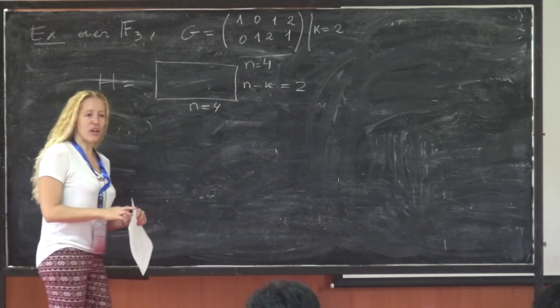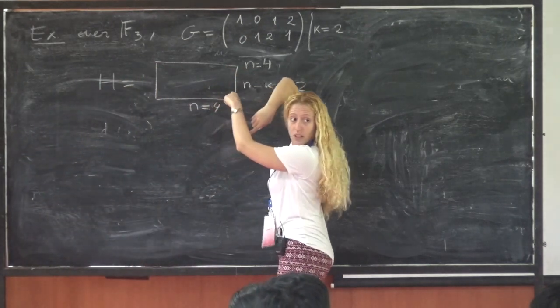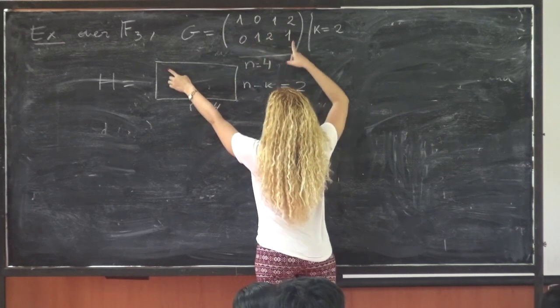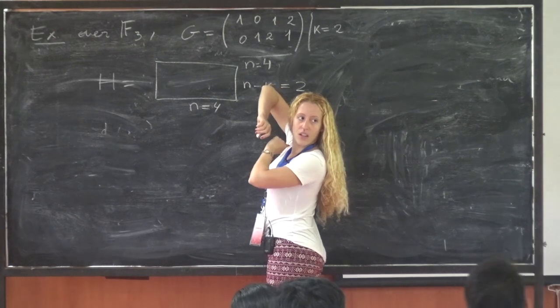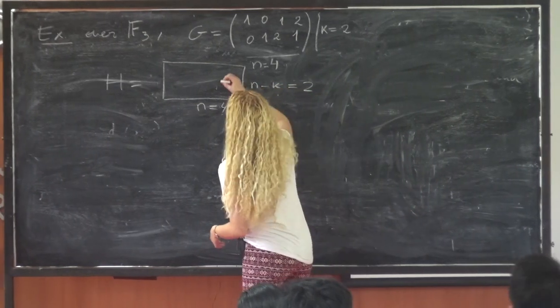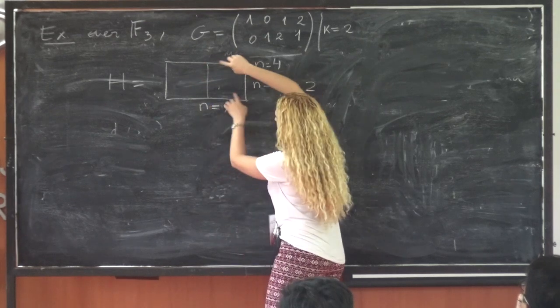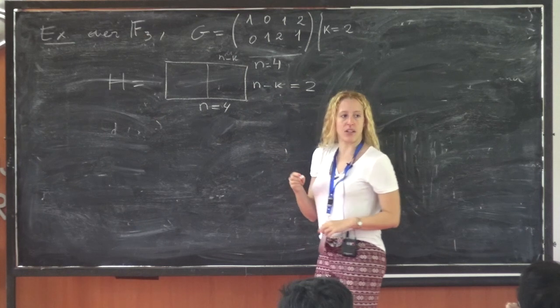Okay? And what I need to write down here basically are equations such that this vector times this one is equal to 0, and times this one is equal to 0, and then the same thing with this. Okay? So what is my idea here? My idea is that you take first here a square block of size n minus k times n minus k.